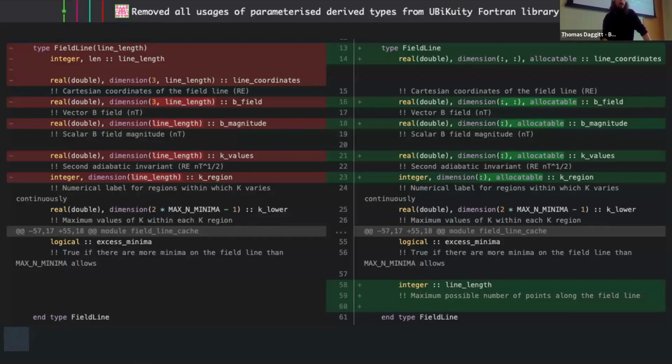The issue is that G-Fortran, and as far as I can tell most Fortran compilers, don't fully implement parameterized derived types. They implement them just enough that you won't notice the first time you try to use them. But as you add to your parameterized derived type and try to do more and more things with it, you get increasingly weird bugs, because G-Fortran doesn't fully implement all of their behavior.